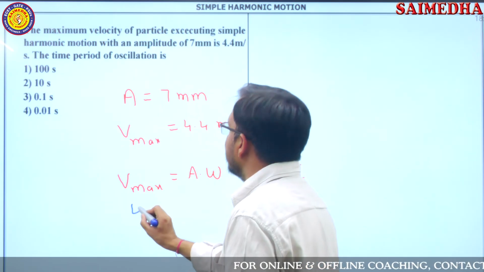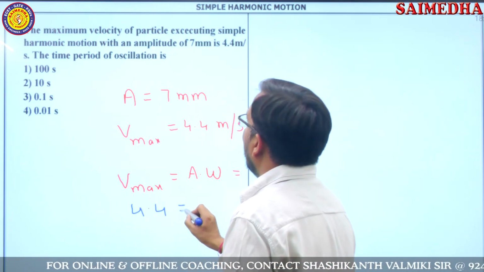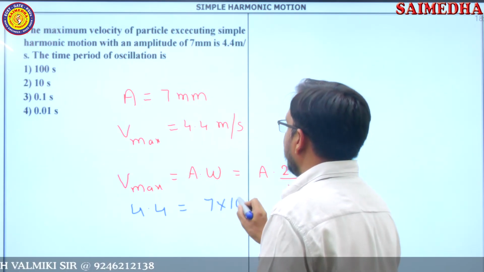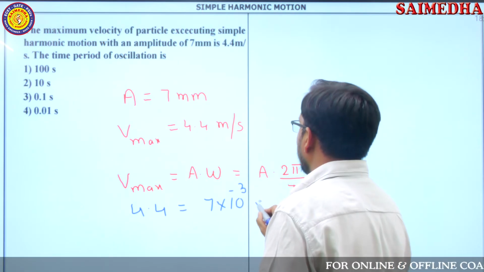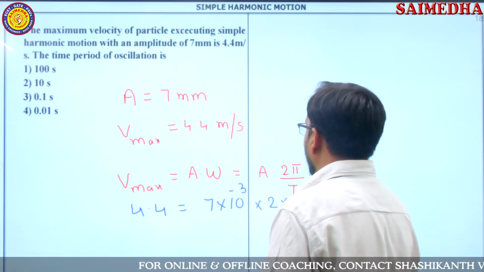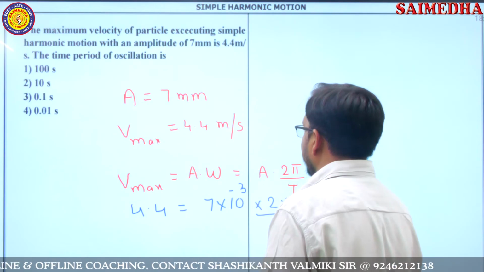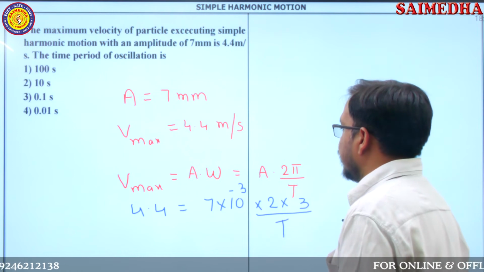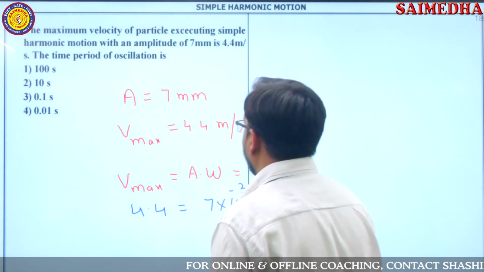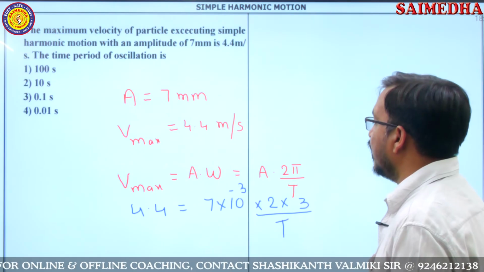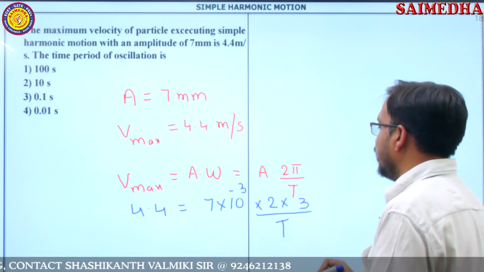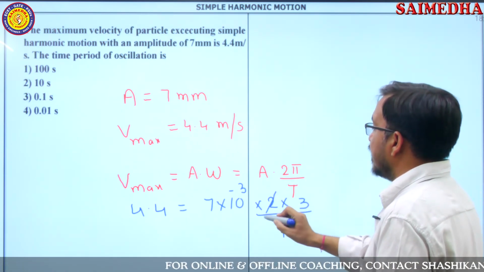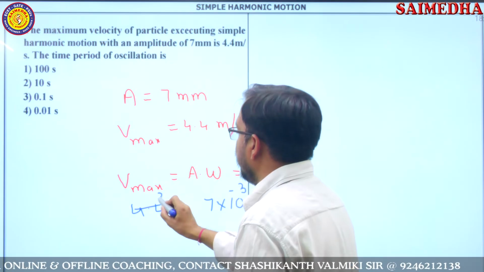Maximum velocity is given as 4.4 and the amplitude is 7 millimeter, 7 into 10 power minus 3, into 2 and pi, approximately 3, by time T. Now I am simplifying this equation: 4.4 equals 7 into 10 power minus 3 into 2 into 3 by T.